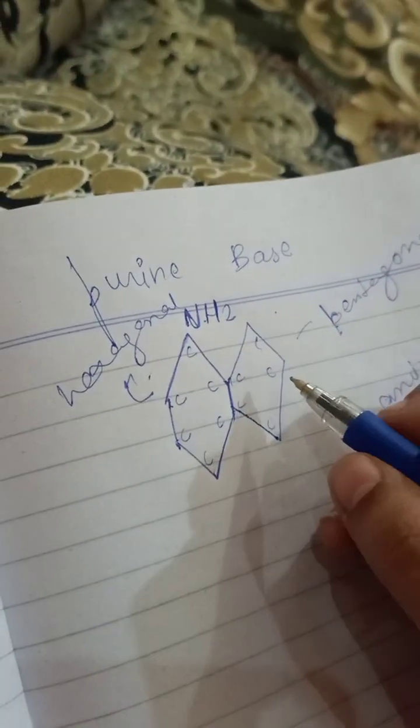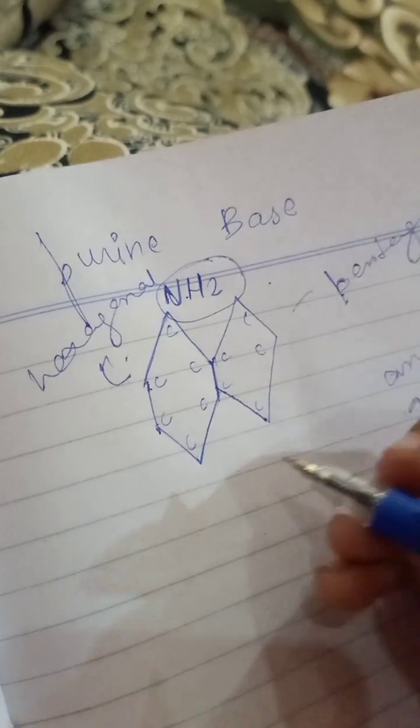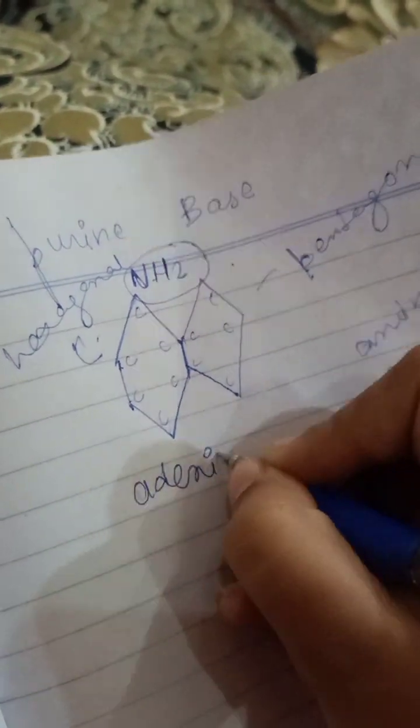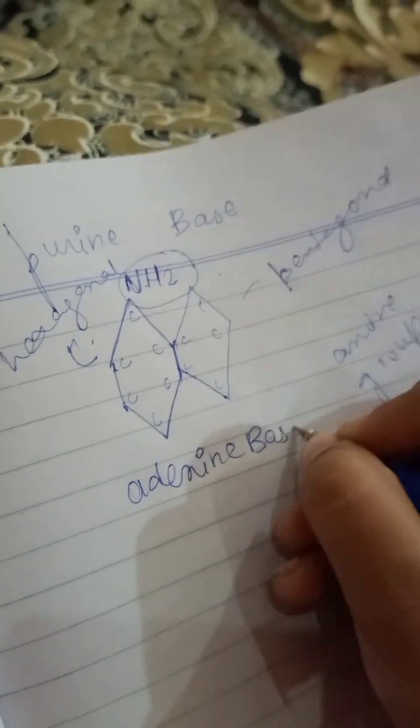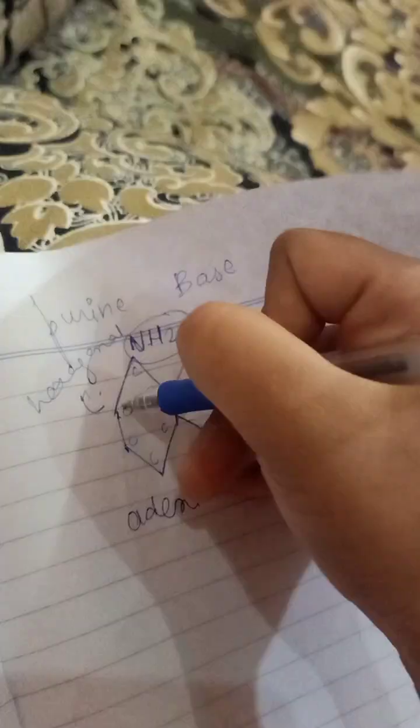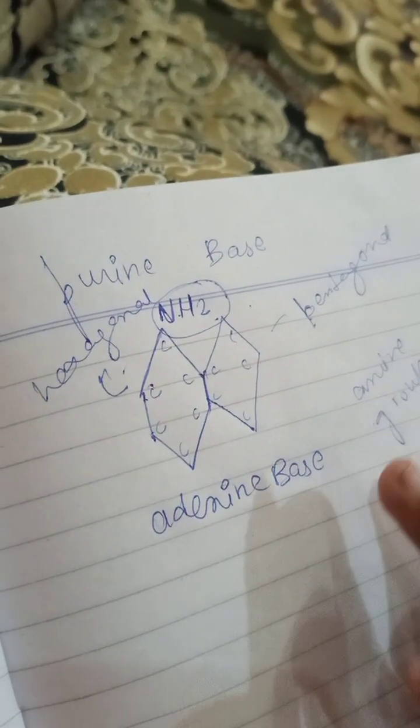So if NH2 is present in the hexagonal ring, that is called the adenine base. When the NH2 is at the upward side of the hexagonal ring, that can be the identification of adenine base.